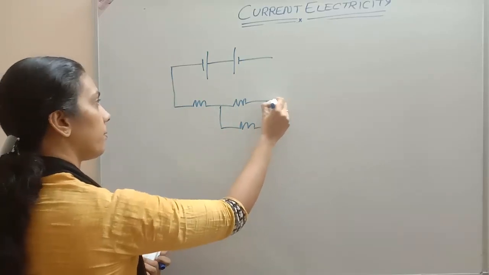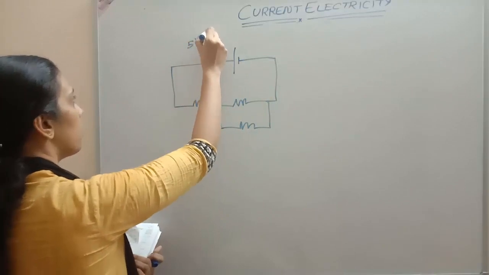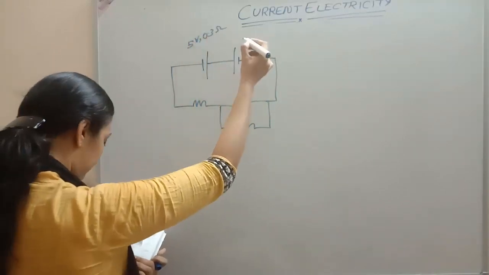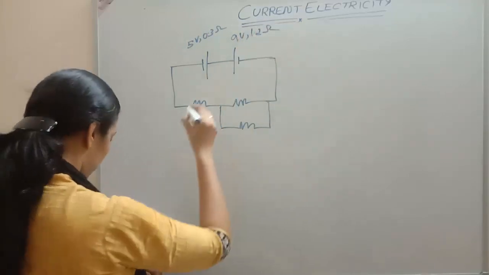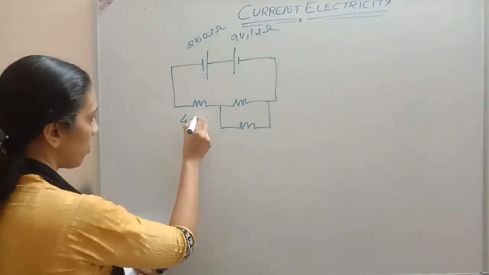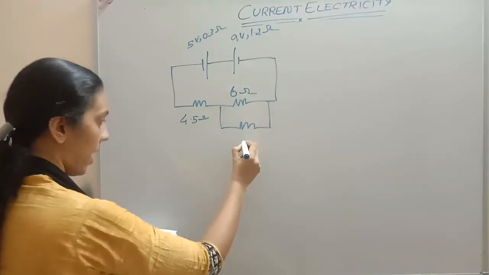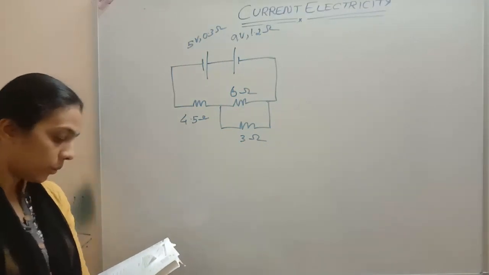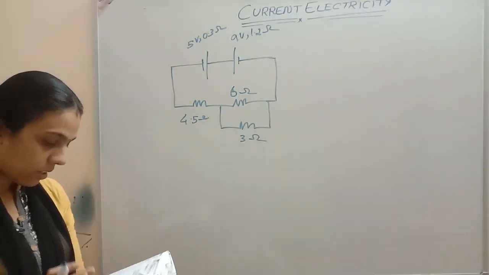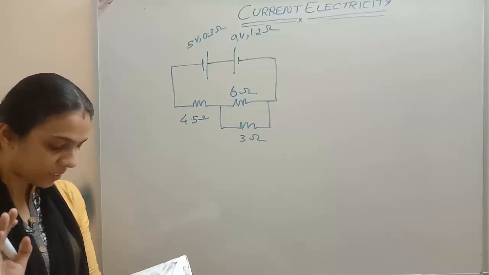Here it is 5 volt, 0.3 ohm, and this is 9 volt, 1.2 ohm, and here it is 4.5 ohm, and here it is 6 ohm and 3 ohm.